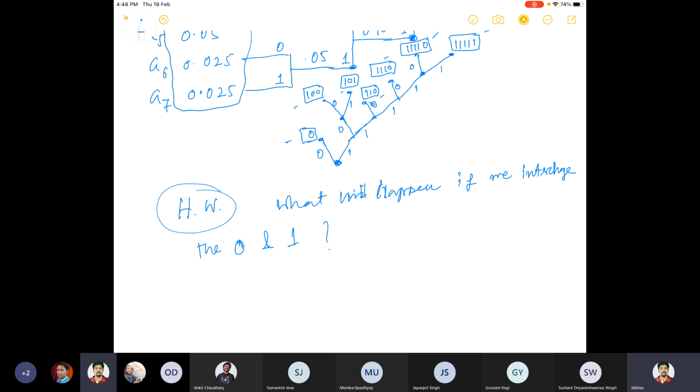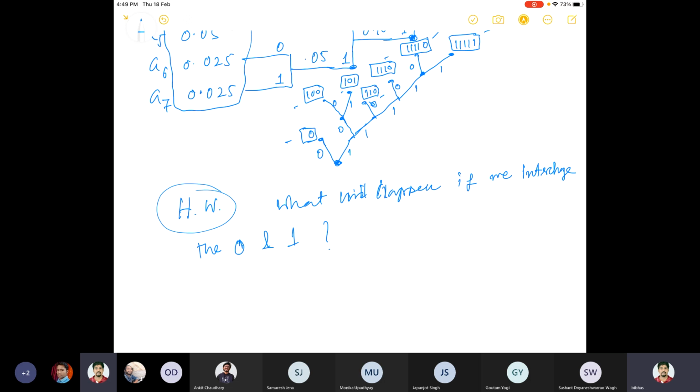In fact, something can be said. For example, if the probability is less than 1/3, it can be said that the code word length will be bigger or equal to 2. If the probability is bigger than 2/5, then the code word will have at least length 1. There are some observations, but there is no nice function which can predict that.